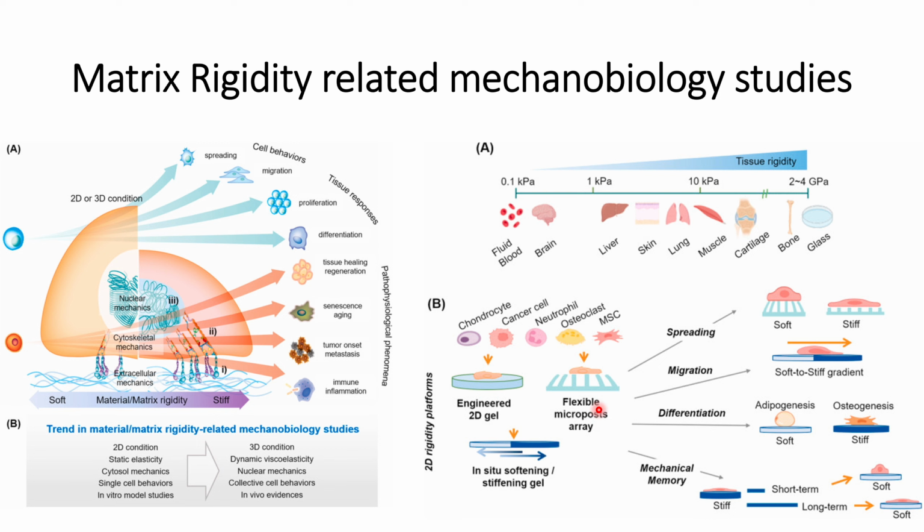In the case of the flexible micropost, they can see the behavior of the cells in both the soft ECM and the stiff ECM. And regarding migrations, the common thing observed is that the stiffer, rigid ECM has more migration properties compared to the soft ECM.